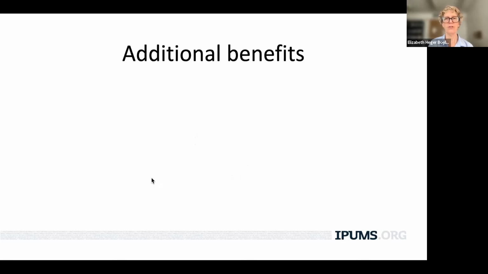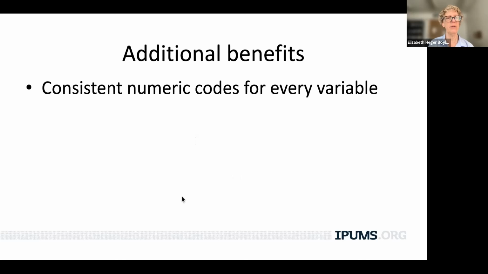There are lots of additional benefits as well. As I already mentioned, there are consistent numeric codes for every variable across samples. So you don't have to worry about what L means in Mali versus what L means in Yemen. It's going to be a number, and it's going to be the same thing. Zeros are a little tricky in the original DHS data. In fact, they're still a little tricky even in IPUMS DHS.